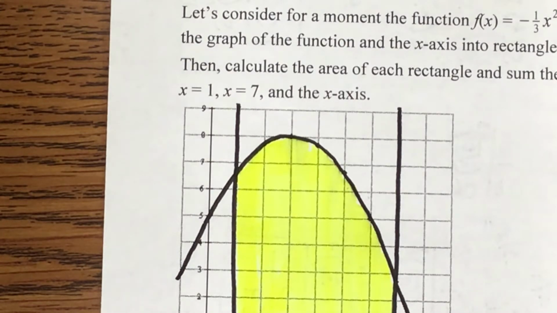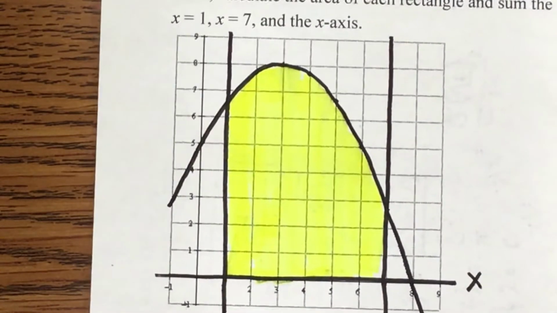Riemann sums are going to help us figure that out. They help us estimate the area under a curve. Later on in a future section, we're going to use antiderivatives to figure out the real, exact area. But this is a decent way to approximate.